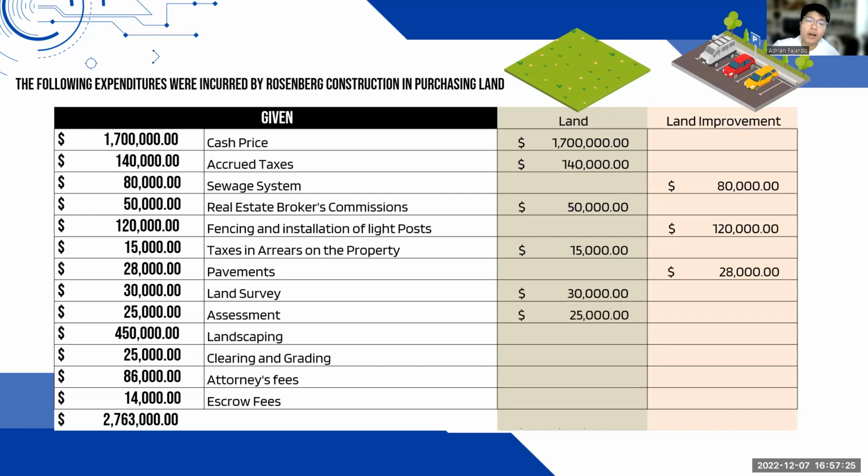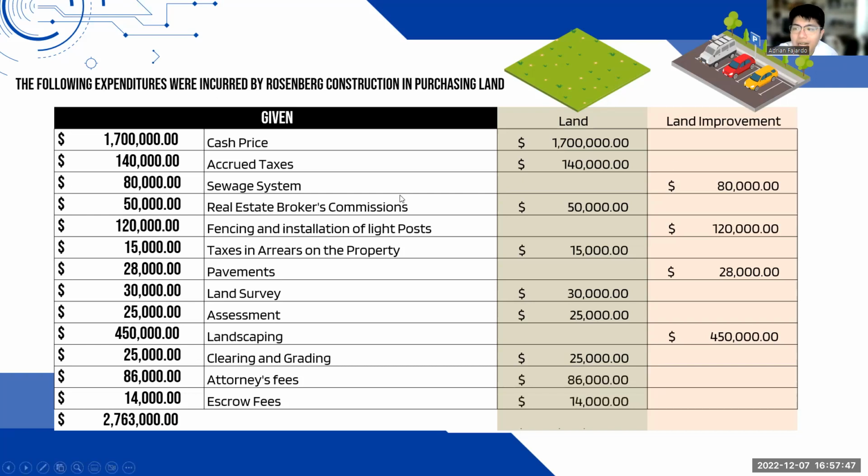Landscaping. With landscaping, you planted trees and had shrubs cut so it looks beautiful. These are structural additions, and therefore, this is land improvement. Clearing and grading. You just cleared the land, therefore that's land. And then the last two would be attorney fees and escrow fees, which are associated with land.